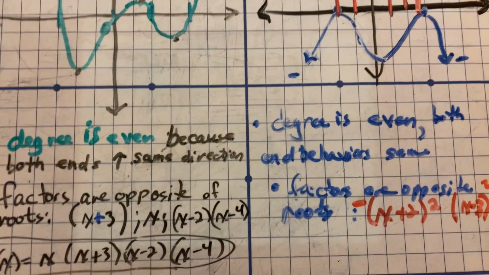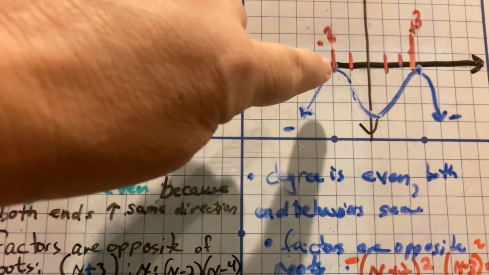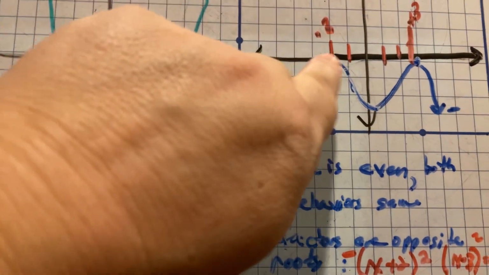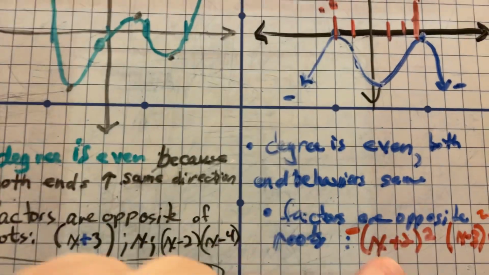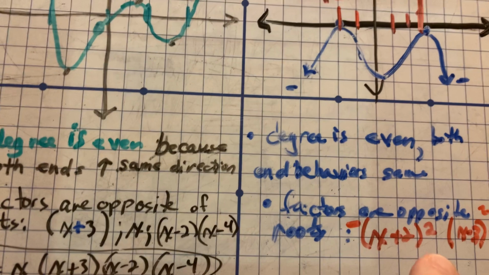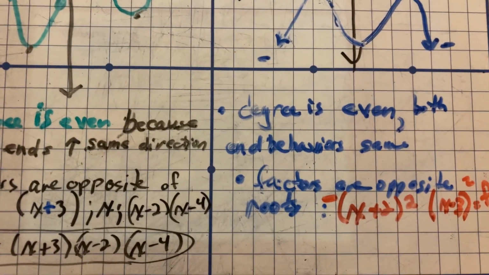So the factors are always the opposite of my root. So what do I see? I have it tangent, touching down at -2. So that gives me x plus 2. And since it's a tangent, we square it. We know it's a negative function because both end behaviors point down.